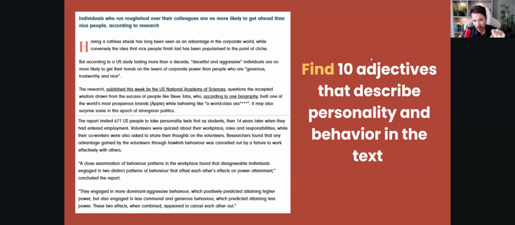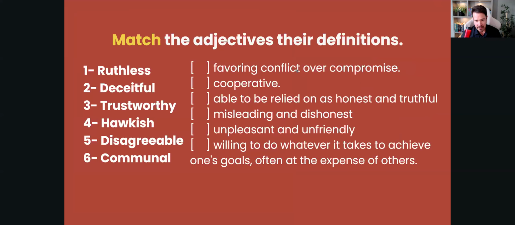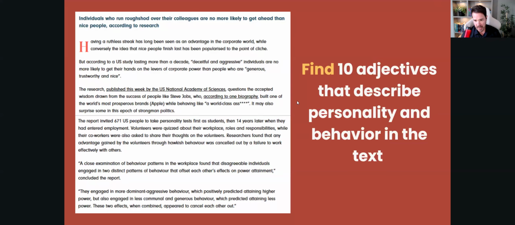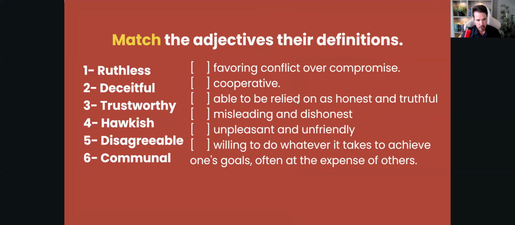Because think about it, there was a decision to be made here, right? This text has many words. I only wanted them to focus on adjectives to describe personality and behavior. So they read it and identify the words. So this was the first one. Once they've done that, I said, okay, so now we're going to focus on 6 of those 10 adjectives.